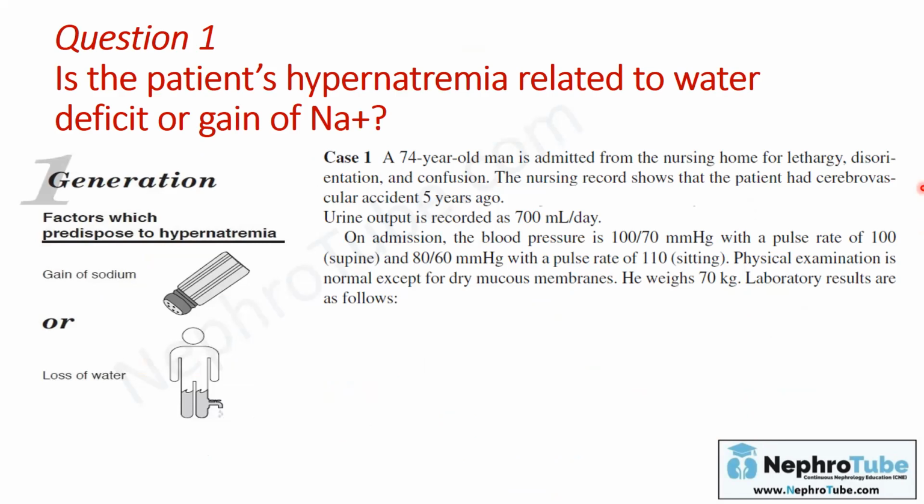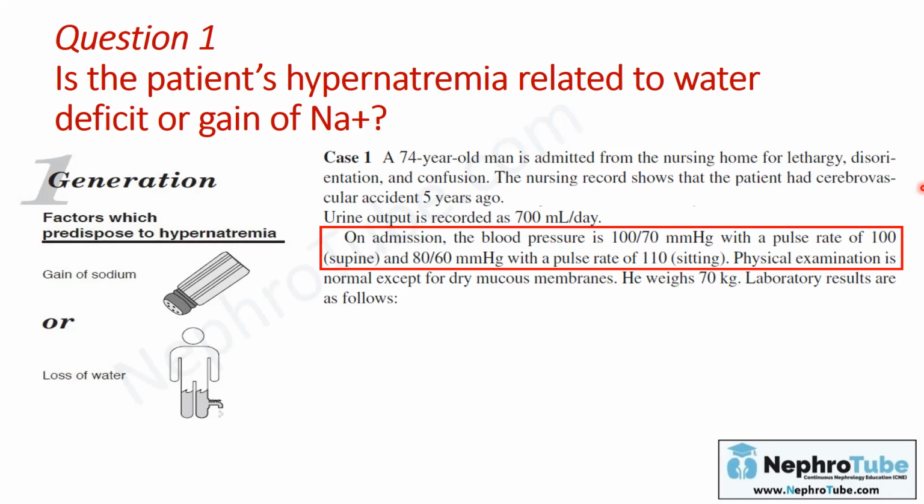Back to our patient to answer question one. Is the patient's hypertension related to water deficit or gain of sodium? By clinical examination of our patient, who is 74 years old and presented with a sodium of about 168 milliequivalent per liter, the blood pressure on admission was 170 and pulse rate was 100 in a supine position.